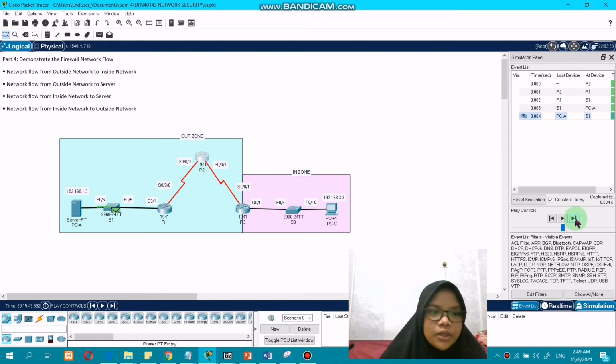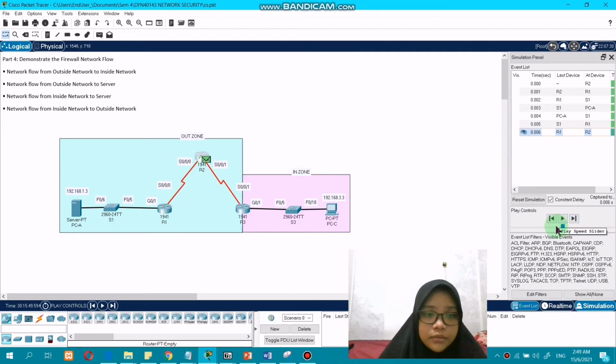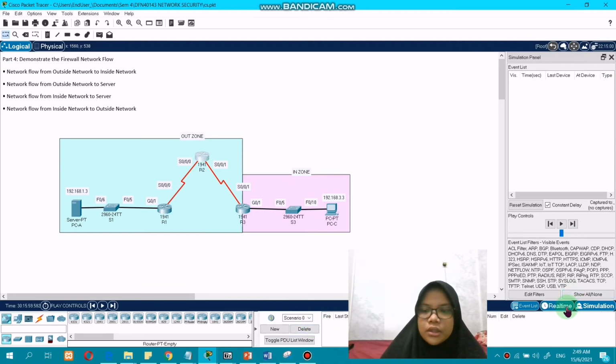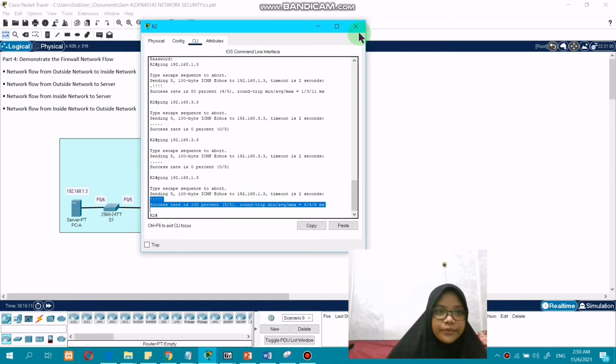So we see the reply, the server replies to the router. So outside network to server is successful. So delete real time. It will display a success rate of 100%, 5/5.